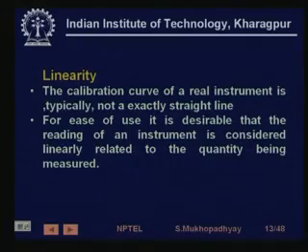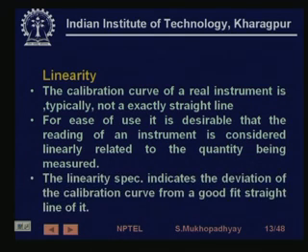So when you are telling the user to use the approximate model of the line for simplicity, you also have to tell them what kind of error they can expect if they use the linear model of the instrument. That is given by the measure of linearity. The linearity specification indicates the deviation of the calibration curve from a good fit straight line. So now how do we obtain this straight line?